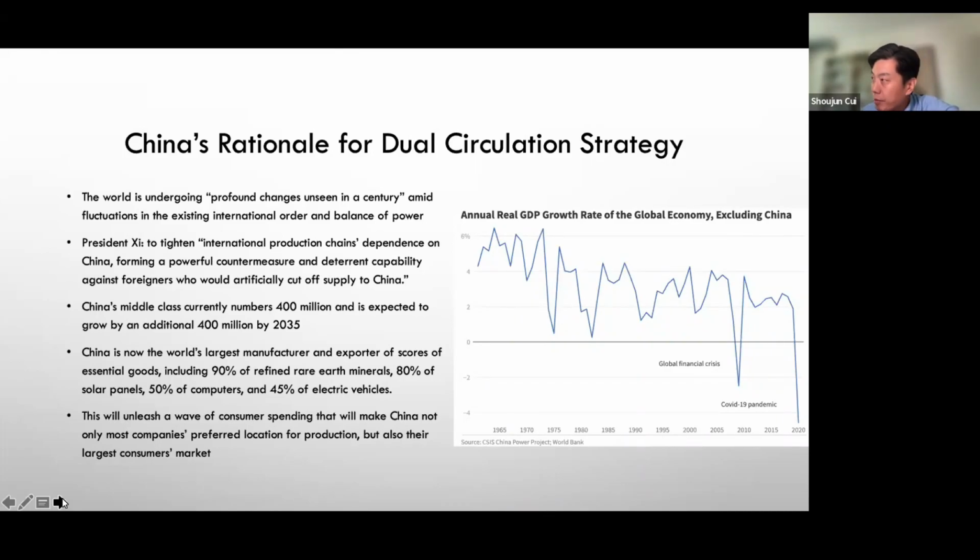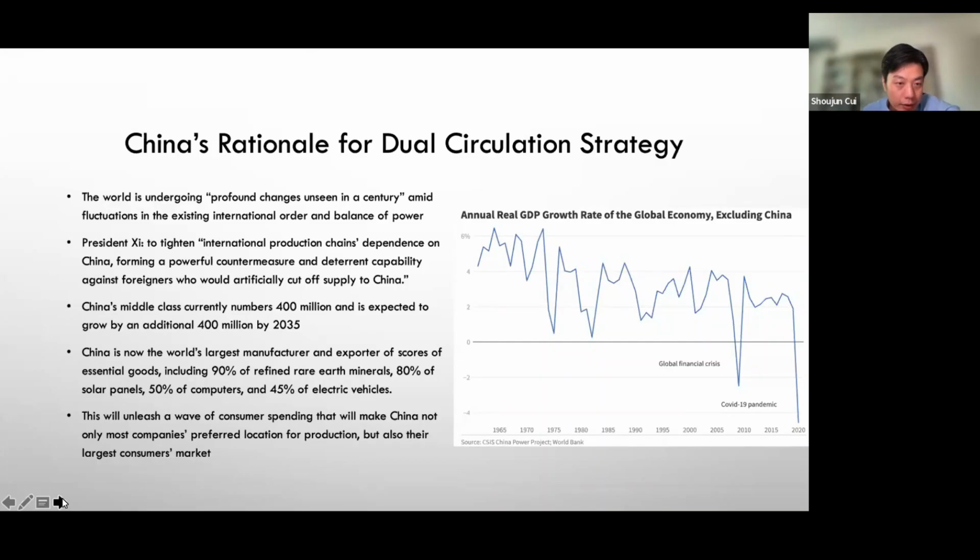And Joe Biden, the president of the United States, visited Asia in May, and he put forward the Indo-Pacific Economic Framework. If you look at the details of the framework, you will find he tried to integrate the Asia Pacific economy to the U.S. economy. That means to disengage with the Chinese economy.